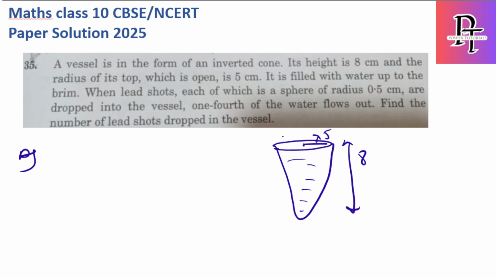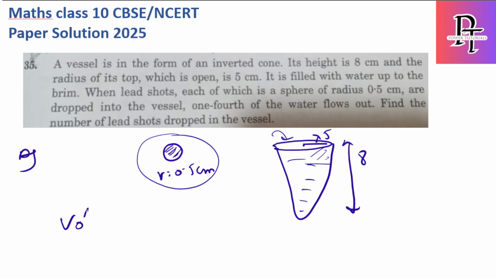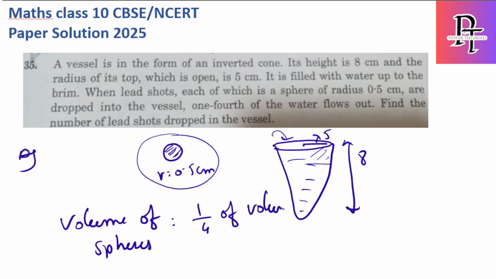When lead shots, each a sphere of radius 0.5 centimeters, are dropped into the vessel, 1/4 of the water flows out. So simply, the volume of the spheres is equal to how much is getting out, 1/4 of the volume of the cone. This statement also carries 1 mark.